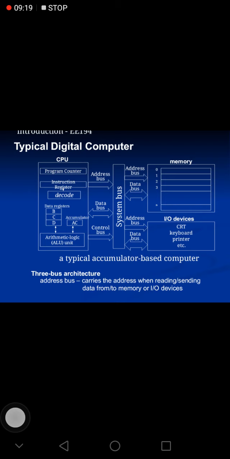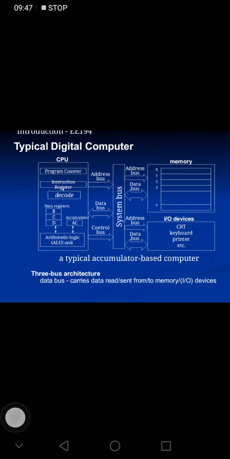It serves as the pathway so that the processes from the CPU, memory to CPU, or I/O devices do not get mixed up. And of course, we have the data bus. This carries the data that is being sent or read from or to memory and I/O devices.